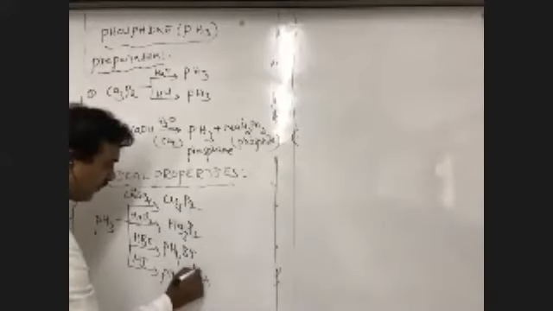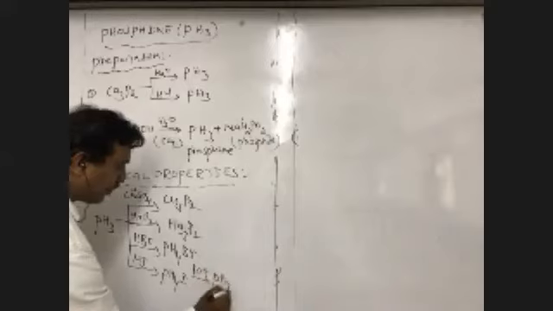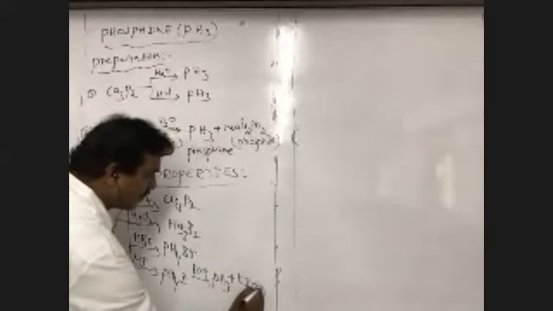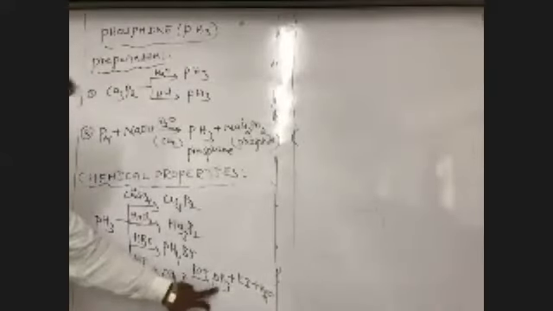PH3 plus HI produces PH4I, phosphonium iodide. This phosphonium iodide, when further treated with KOH, forms PH3 plus KI and H2O. So by using phosphonium iodide, phosphine PH3 is produced.